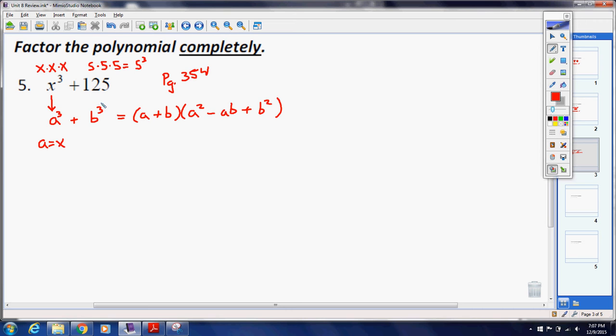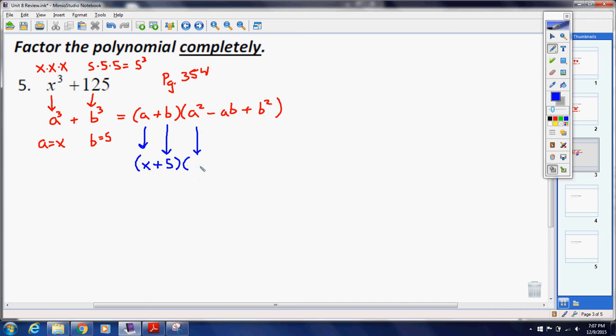So therefore b equals 5. I'm just going to fill in the formula they gave me. A is x, so I got x plus 5. B is 5.